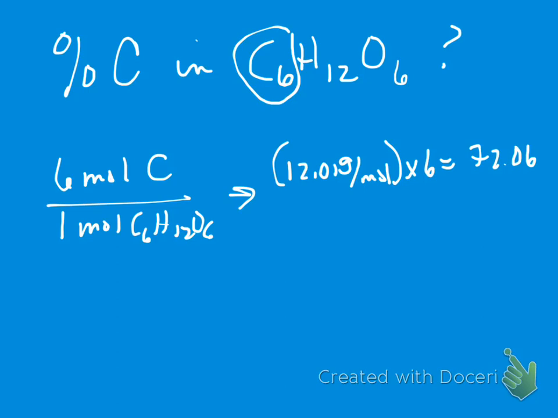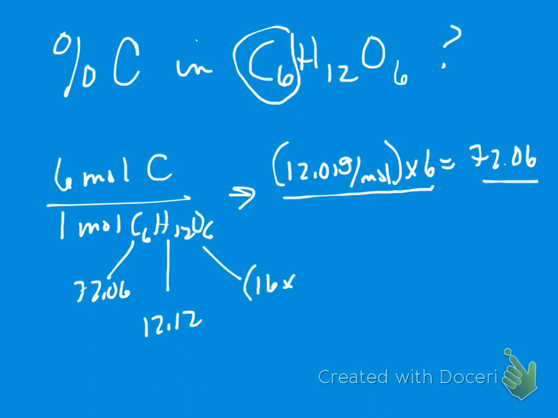And the mass of 1 mole of C6H12O6: we've got the 72.06, plus 12.12, and we've also got oxygen, which is 16 times 6. So the mass of 1 mole of glucose is 180.18 grams.